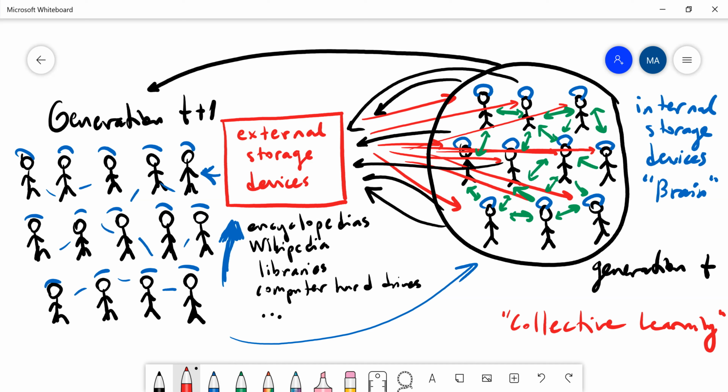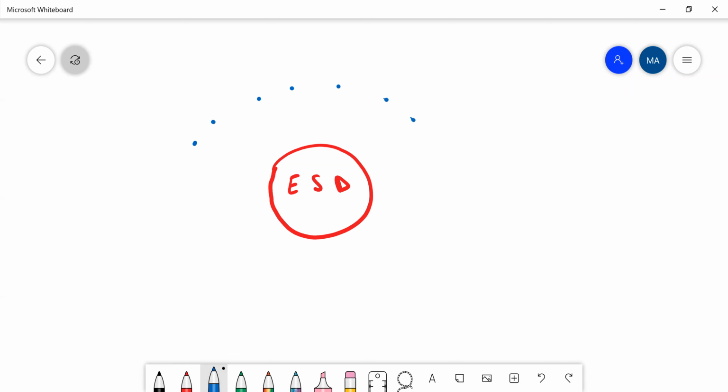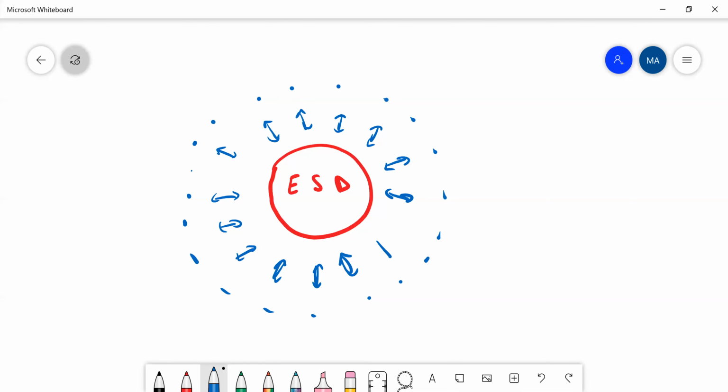So what happened? At some point, if these are the external storage devices and these are internal storage devices, this two-way transfer was fast enough to give us the printing press, to give us encyclopedias.